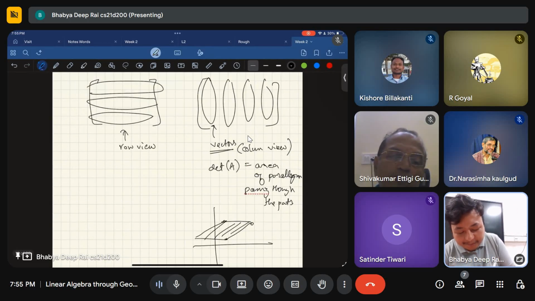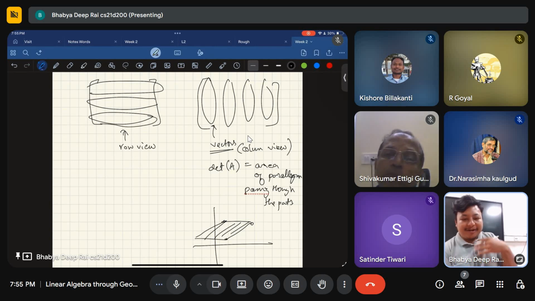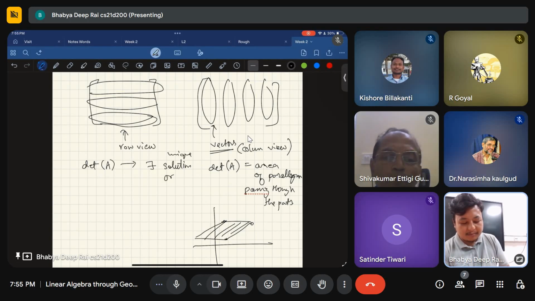But the row view is not very clean if you think about it geometrically. The row view is always a system of equations. The determinant of A represents whether there are solutions, or rather, consistency or not.